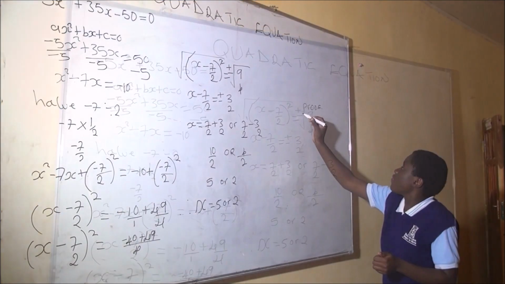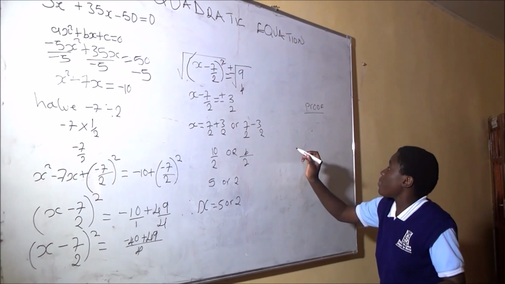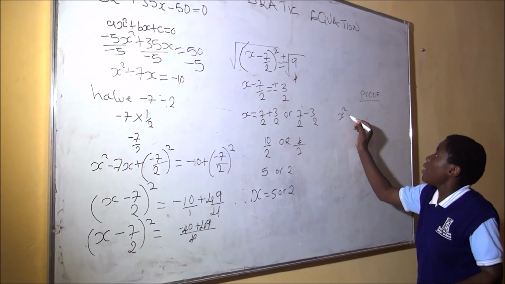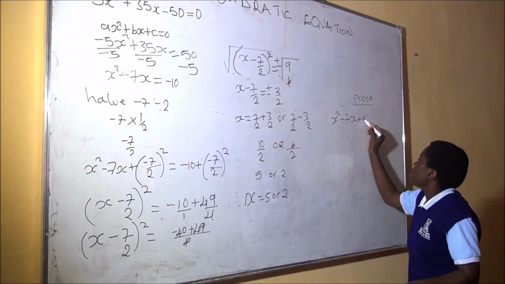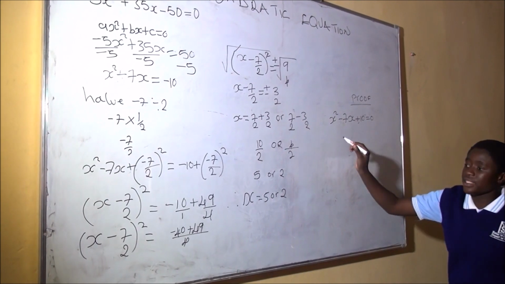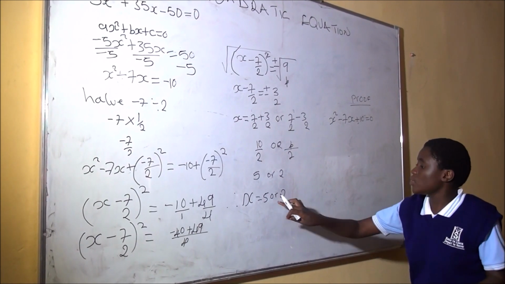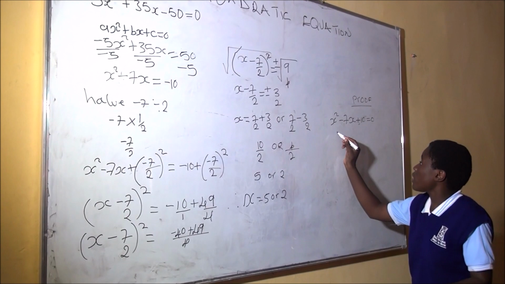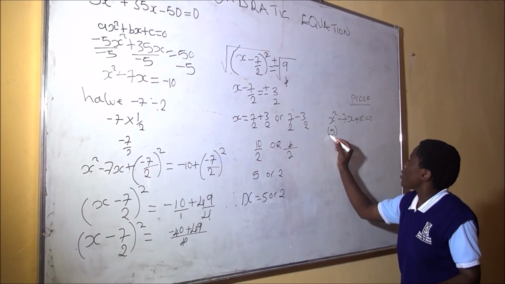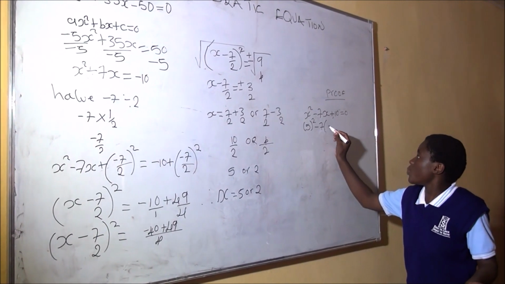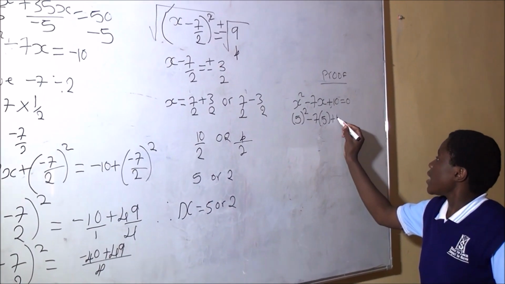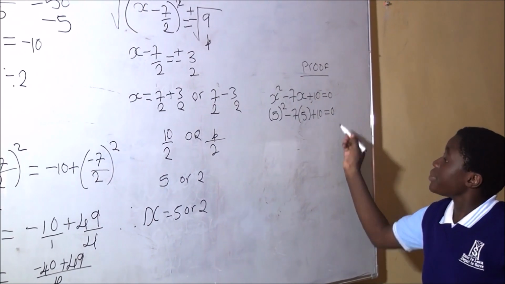Now you can just substitute into the equation, which is x squared minus 7x plus 10 is equal to 0. Where there is x, we substitute the 5 that we found: 5 squared minus 7 times 5 plus 10 is equal to 0.